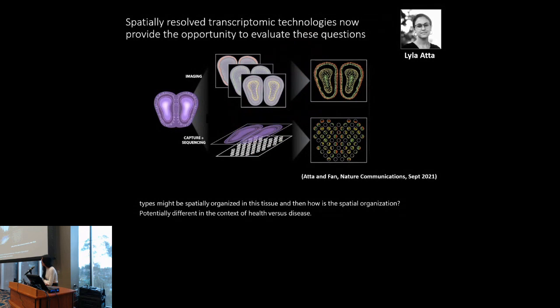And luckily for us, a lot of spatial omics technologies, particularly spatial transcriptomics technologies, have now matured to really allow us to have the opportunity to begin evaluating these questions. And these technologies span many different flavors and brand names. And I realize, in this conference, not many have talked extensively about spatial transcriptomics so far.